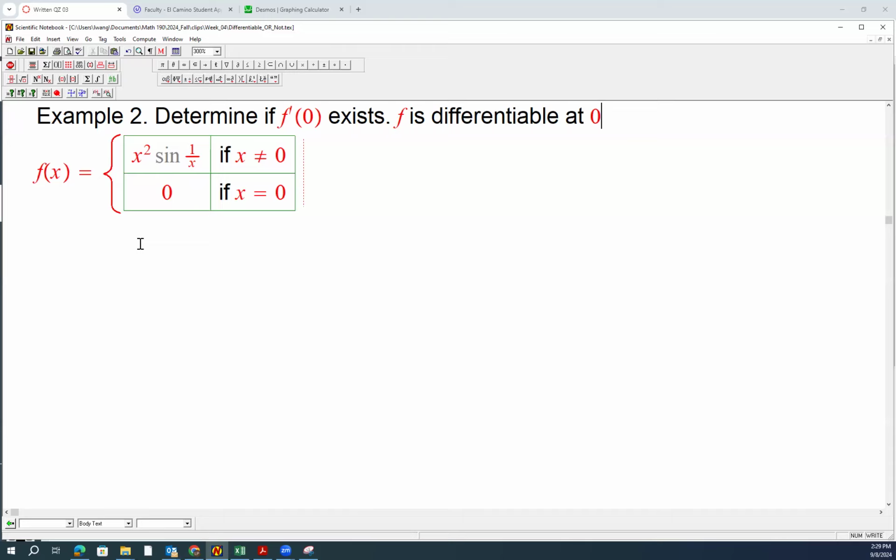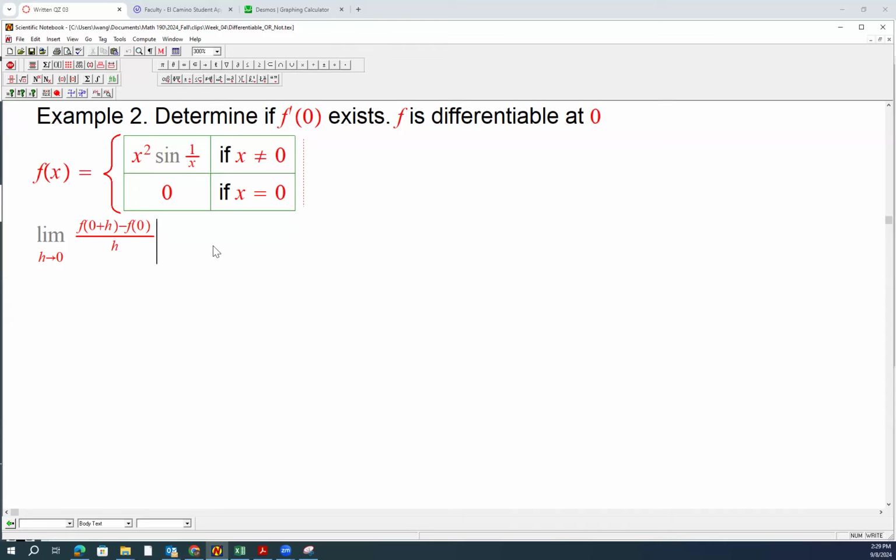So we're going to go straight to the definition. The limit as h approaches 0 of f of 0 plus h, subtracting f of 0, divided by h, right?